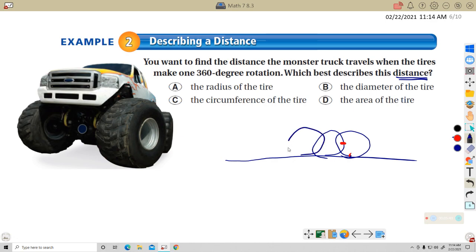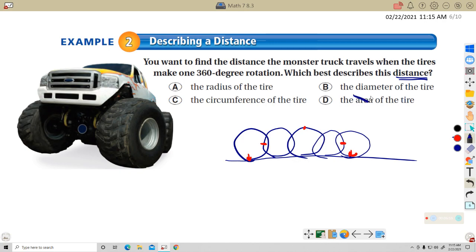If I keep going, now that point's up here. If I go again, now the point's going to be here, until I go all the way around, and that point is now back here on the ground. We start on the ground and we end on the ground. So which best describes this distance?